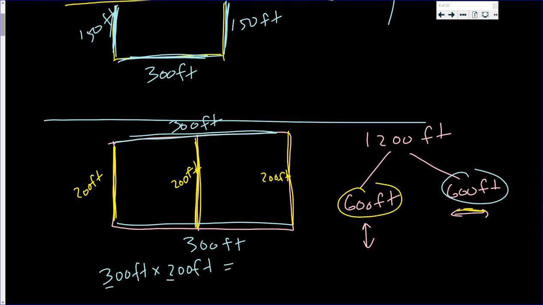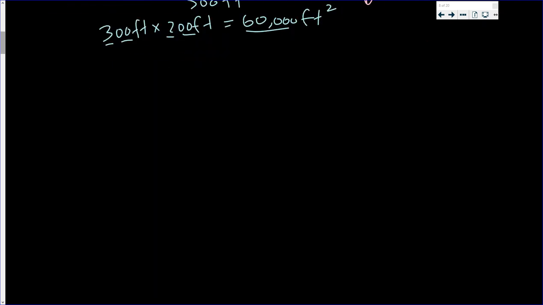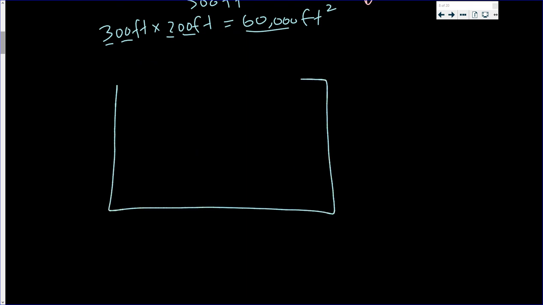3 times 2 is 6. 4 zeros in total. Times foot times foot. You can get an area of 60,000 square feet. And that's the most you can get. Let me just do another example. Suppose you're going to configure it this way.